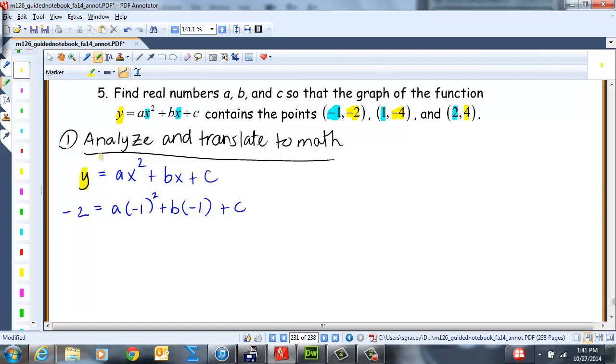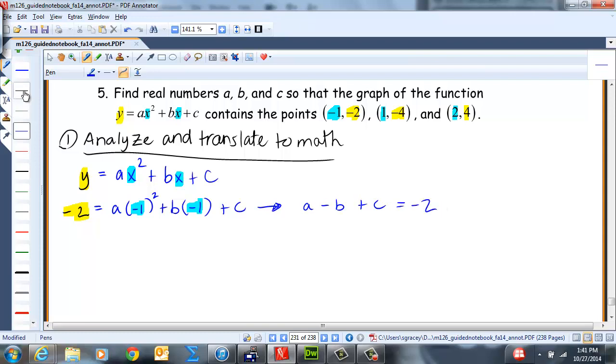So we have our y was the -2 for this one. I'll swap the sides of the equation, so we'll end up getting a minus b plus c equals -2.